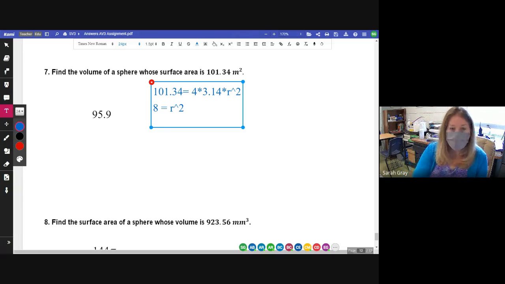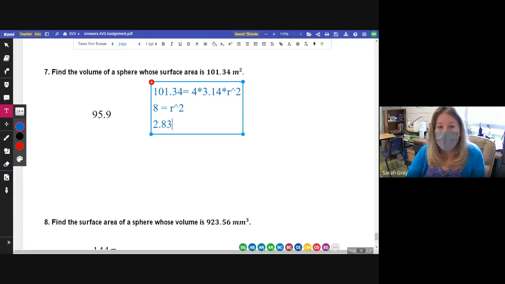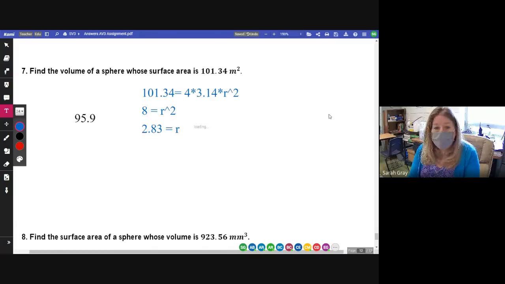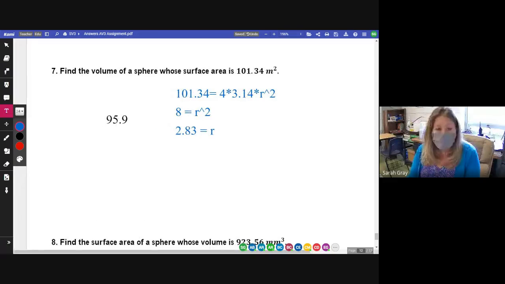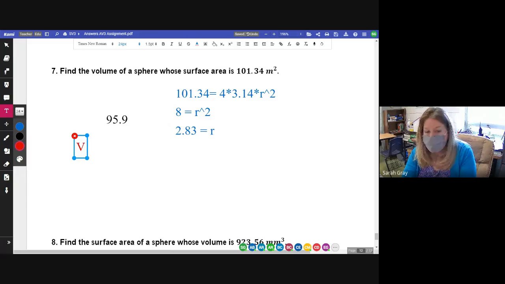Then I'm going to square root that, and I get 2.83-ish. So that is the r that I'm going to need in the volume formula. So then I take volume equals 4/3 pi r cubed.